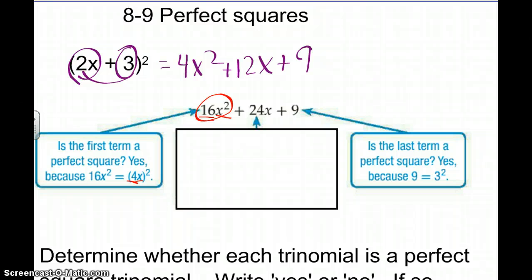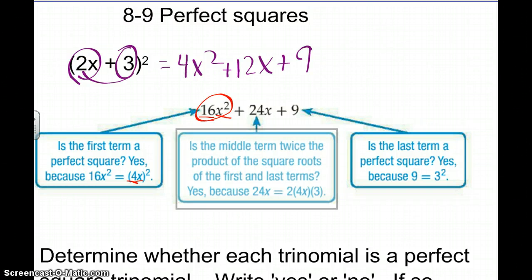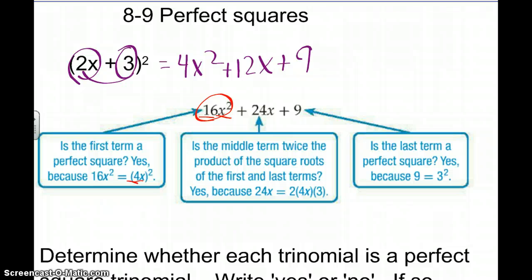And the middle term is 2 times the product of the square roots of the first and the last term. So in order for us to say that it's a perfect square, it needs to have each of these 3 qualities.